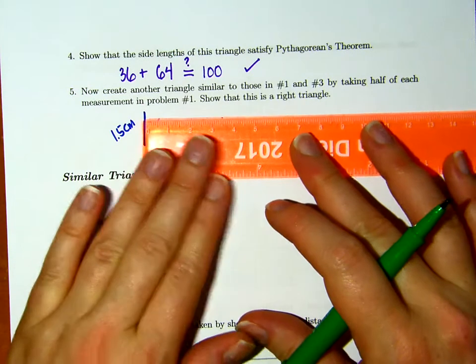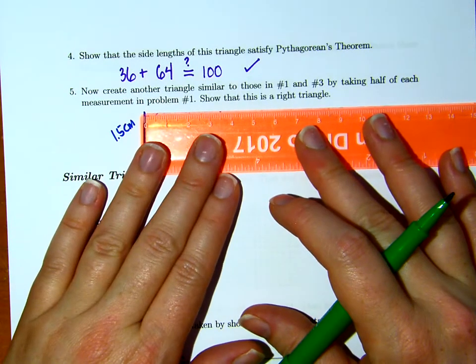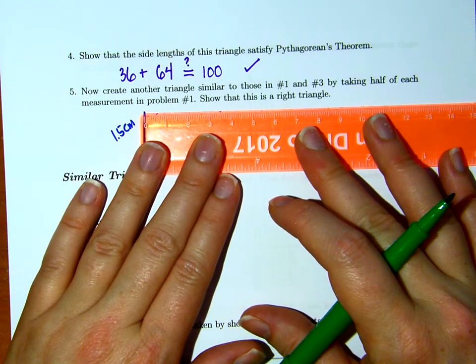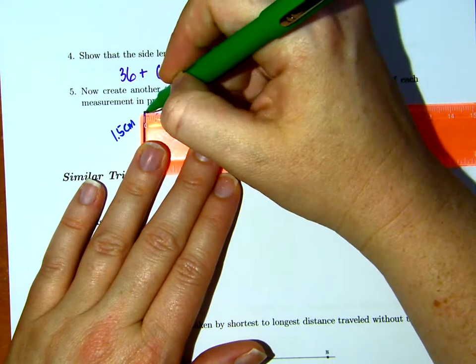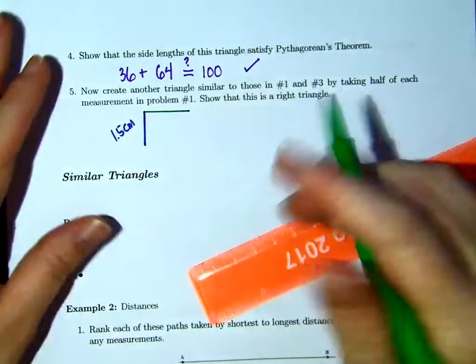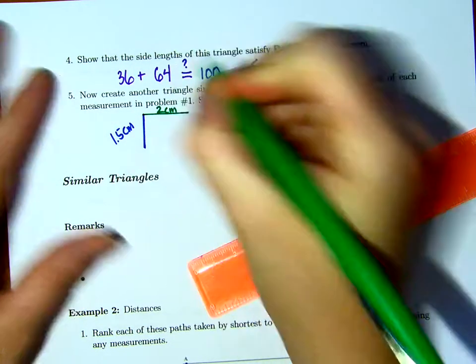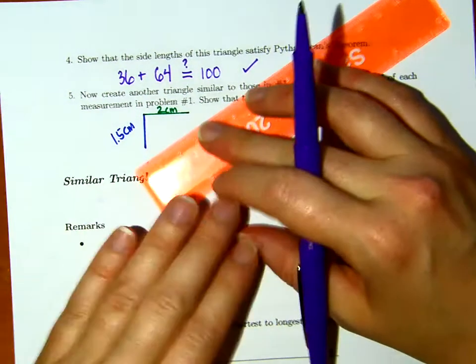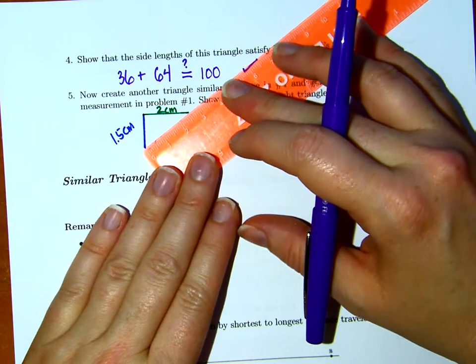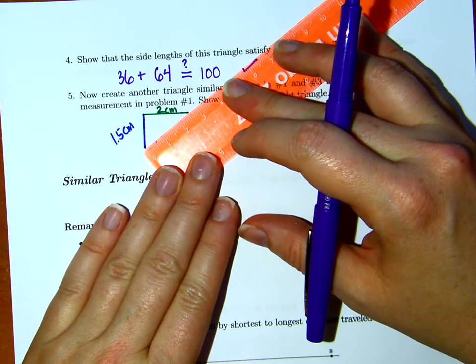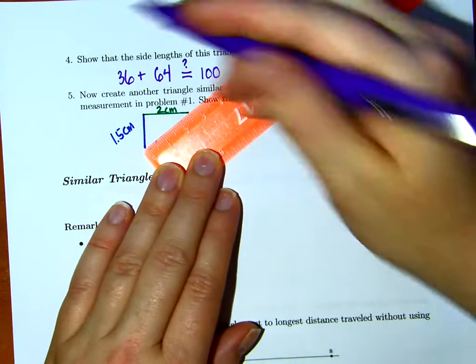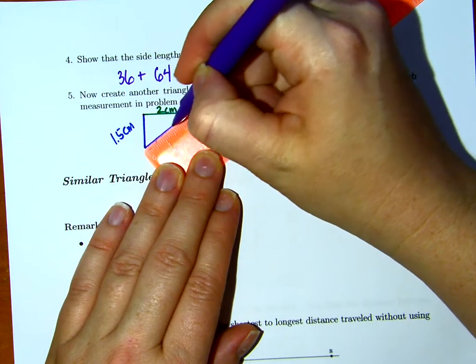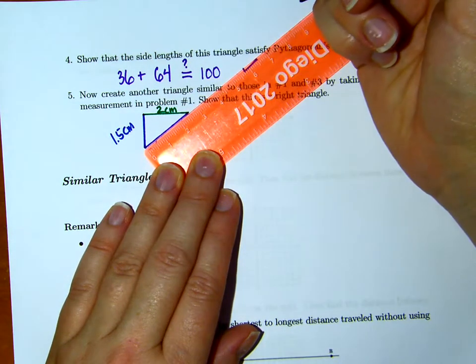So this is 2 centimeters long there. And then half of 5 is 2.5. So hopefully these connect at 2.5. And they sure do. So, yeah, 2.5.